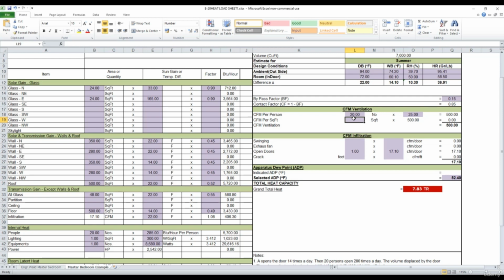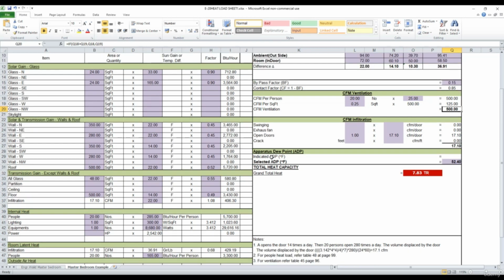And next, for an office, the air ventilation required per square feet is 0.25, and the total floor area of that office is 500 square feet. Hence, we find out the value, which is 125 cfm. Thus, we are going to consider the value which is the highest, that is 500 cfm.